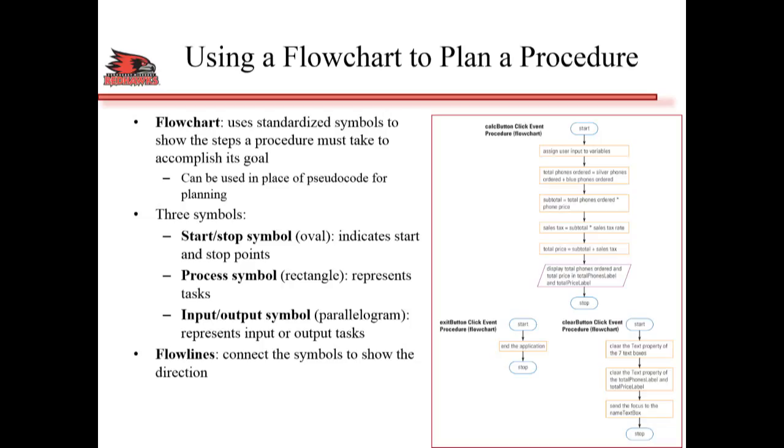There are standard symbols for different sections of the flowchart: for start or stop you use an oval, for identifying processes you use a rectangular box, and for identifying where you get your input or output, you have parallelograms. They use standardized symbols to show the steps a procedure must take to accomplish its goal. This is another way of planning how to write the code.